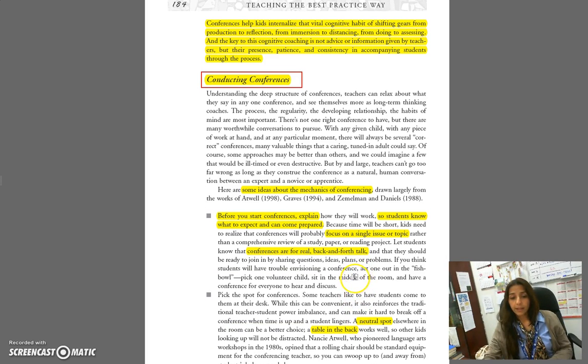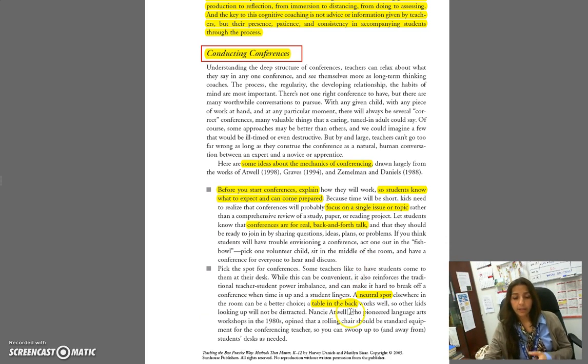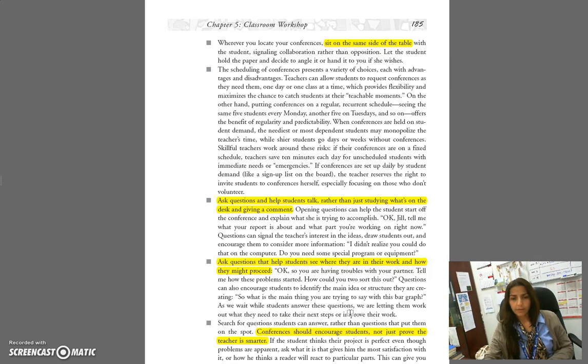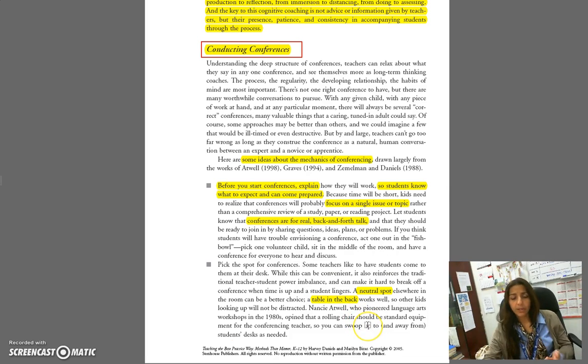So let's see what is the next step. Not step, but what else does the teacher have to keep in mind when she conducts a conference? A neutral space, which means where does she have a conference with the student? Do not have a conference in one space within the class at all times.